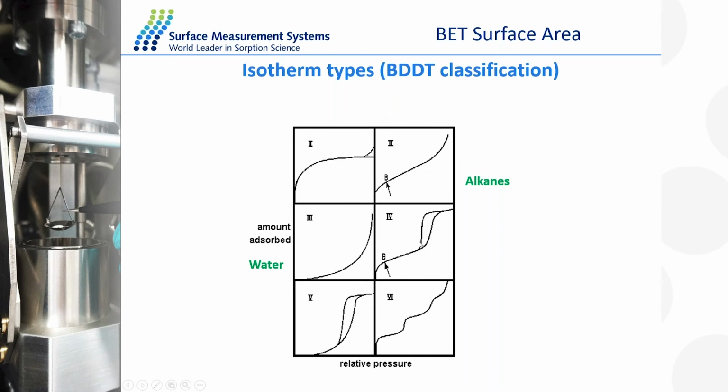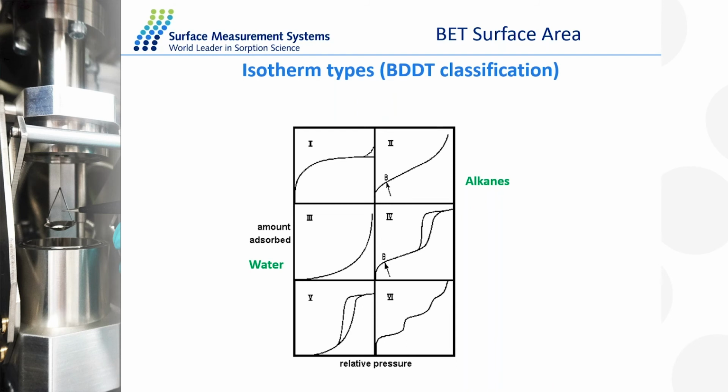The reason for this requirement is the fact that these two isotherms are the only ones that show a linear plot in the region between 5 and 30% in the lower concentration of partial pressure.